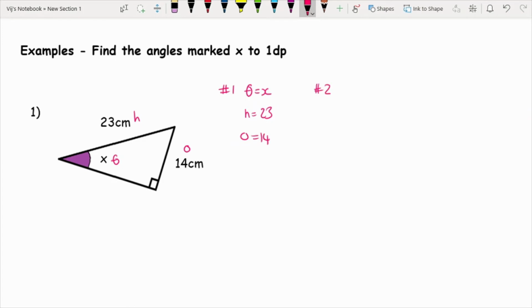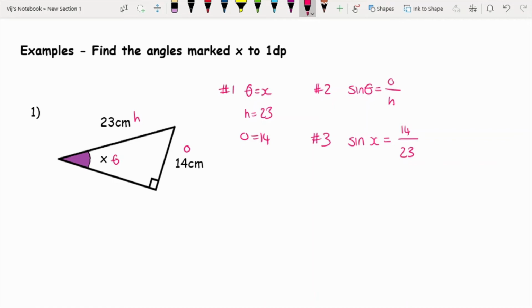So the next thing I then need to do is use the correct formula. So here I'm going to use sine. So I've got sine equals opposite over hypotenuse. And then the third step, what I then need to do is substitute the numbers into the formula. And that's what I've got.